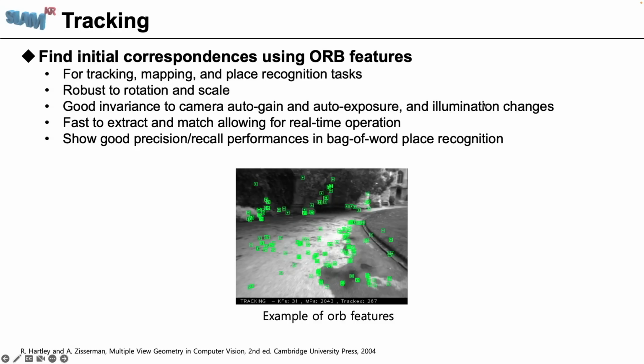They are also very fast to extract and match, allowing real-time operation. So it is very appropriate for SLAM, especially SLAM for poses, not for structure from motion. It shows good precision and recall performance in bag of visual words place recognition.